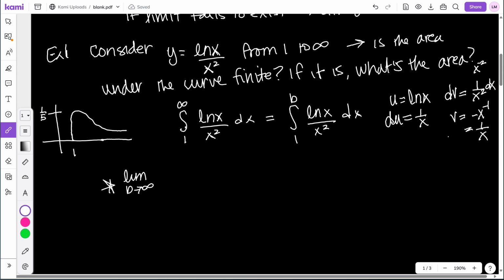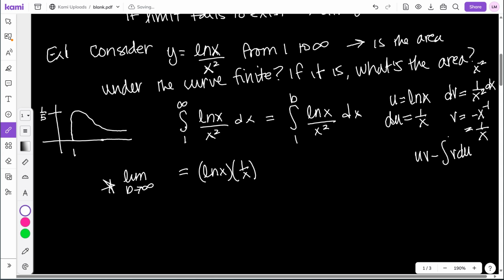Okay, all right, so now I can do my integration by parts. So remember, integration by parts is u times v minus the integral of v du. All right, so I have u times v, so the natural log of x times v, 1 over x.